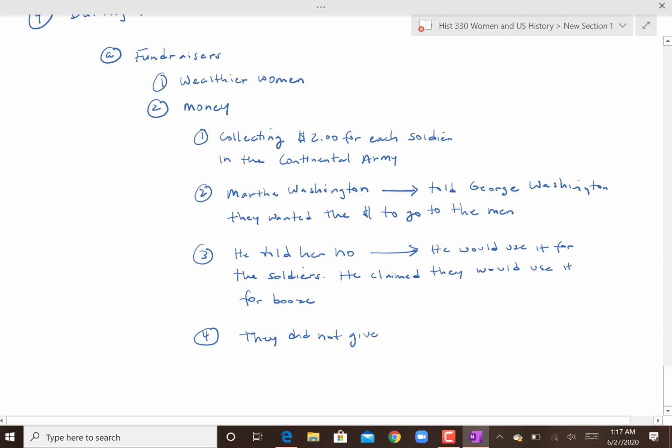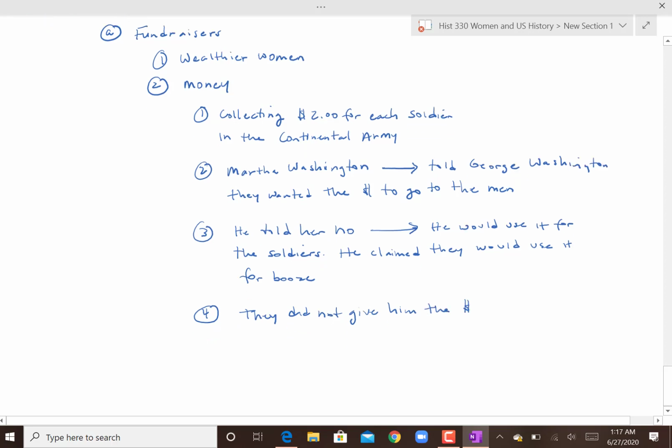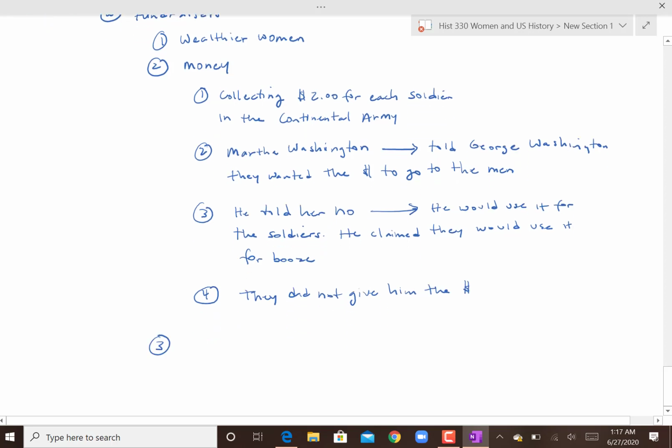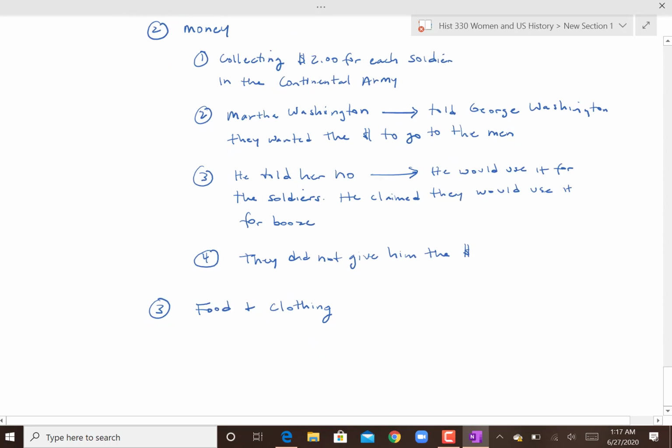They said, fine, we're not going to give you the money. And instead, they shifted it to a warehouse to store for food and clothing. So this was the other two things that the fundraiser did. So the money that they collected then ended up going into this.